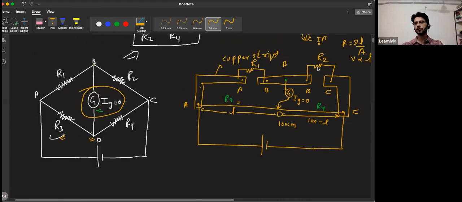So this is R3, R4, R1 and R2, and this is the given value. This particular arrow here is the jockey. The jockey is just a pen type instrument.